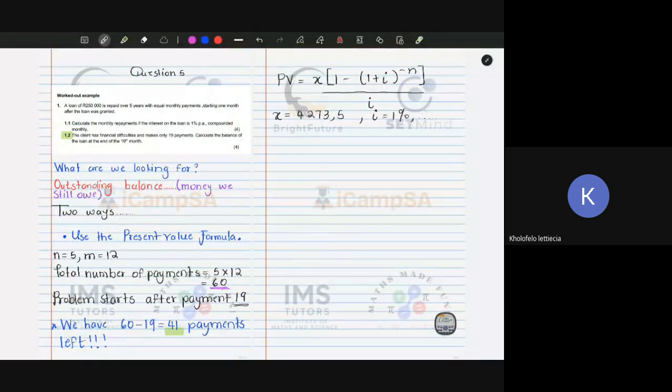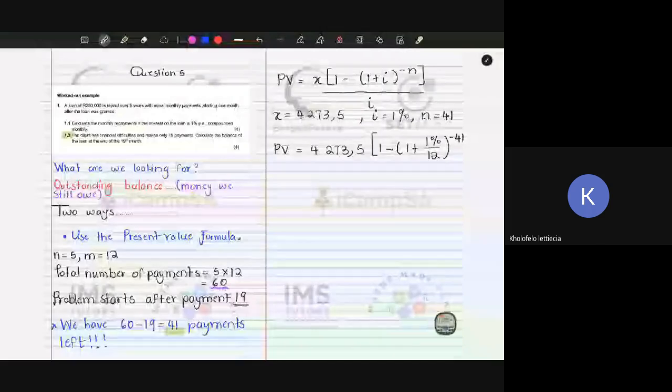But here, where we see n, we are going to replace it with 41, because we have 41 payments left. So we are going to say PV equals 4,273.5 times 1 minus (1 plus 1% divided by 12) to the power of minus 41, divided by 1% over 12.